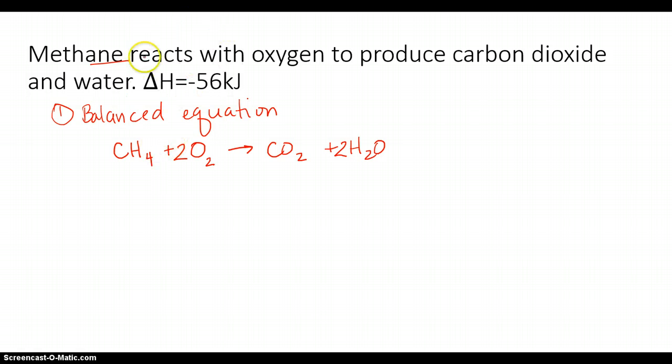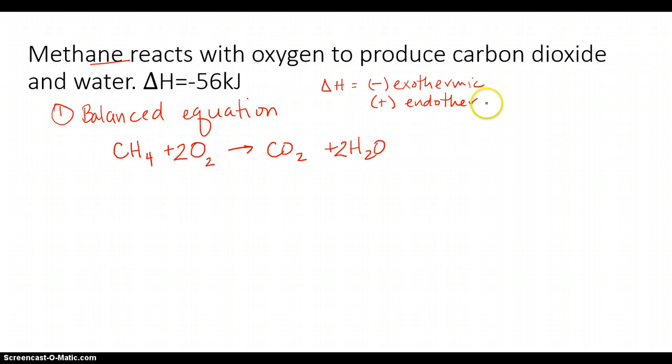Now, because we're working with energy, I notice that there's a delta H value. Remember, delta H is a value of enthalpy, which tells you if you have a negative symbol, that it is an exothermic reaction. If you have a positive symbol, then it becomes endothermic.